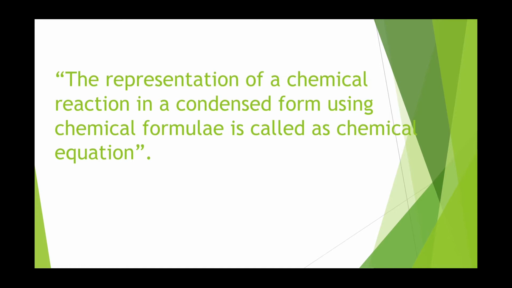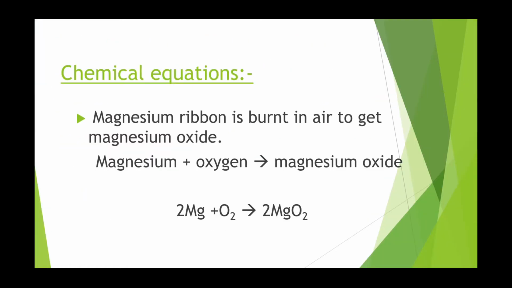Let us take another example of a chemical equation. The reaction is the burning of magnesium ribbon in air. When the magnesium ribbon is burnt in the air, we get magnesium oxide. This chemical change can be written in the word equation form as magnesium plus oxygen gives magnesium oxide.